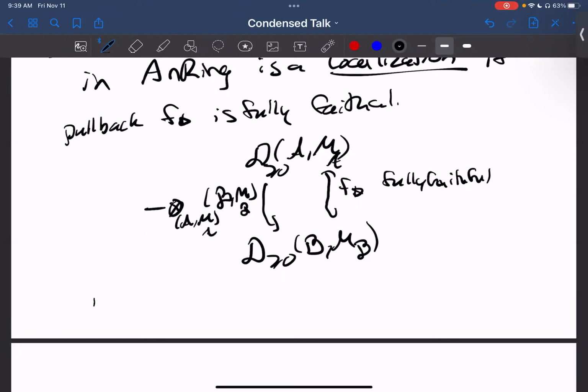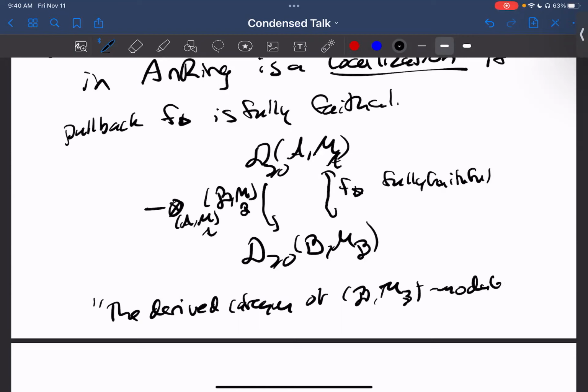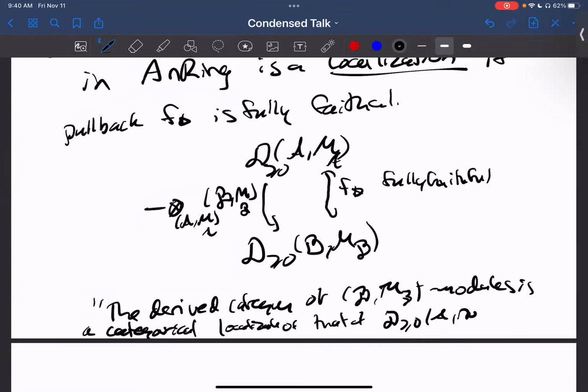So this says precisely that the derived category of B modules is a categorical localization of that of the same for A.